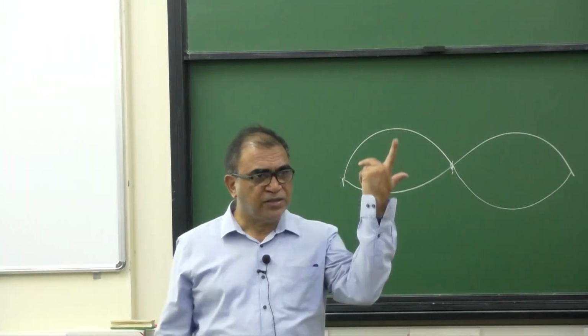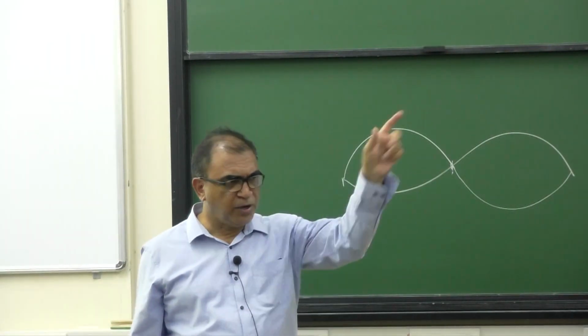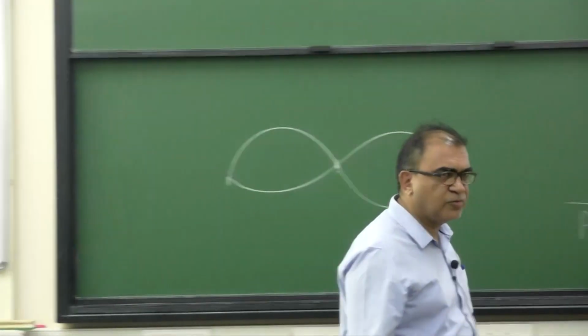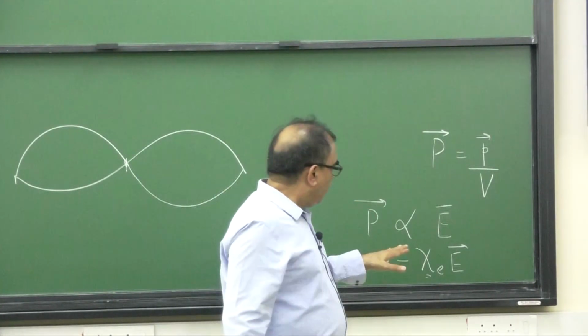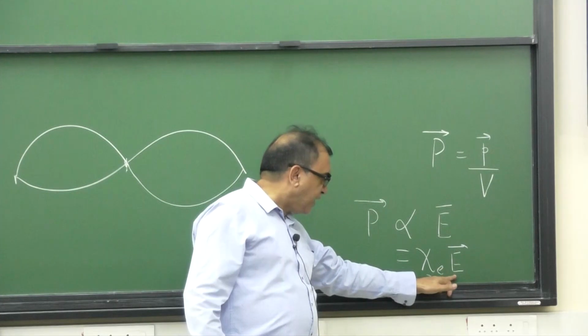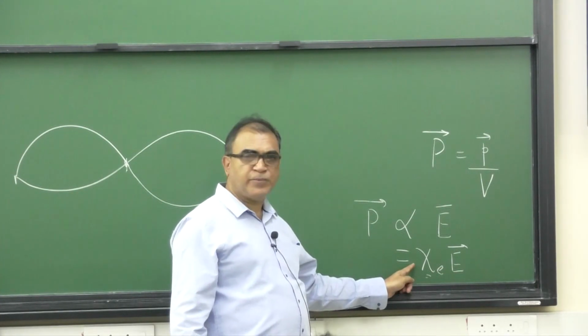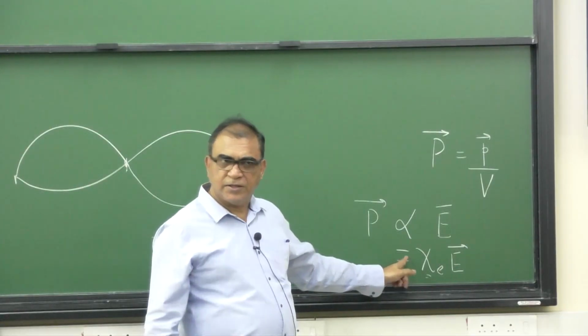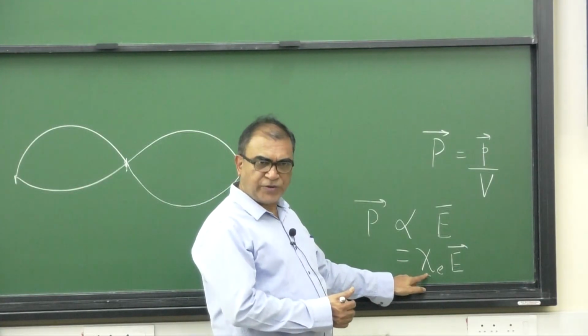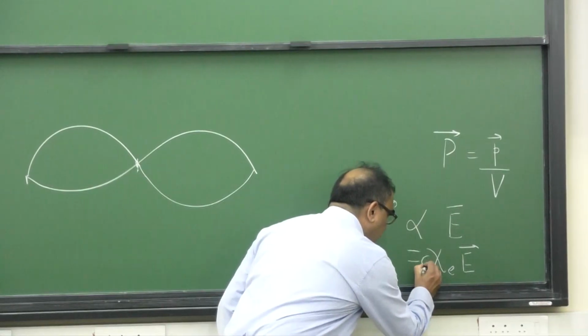Epsilon naught will have dimensions because it comes in the force, 1 by 4 pi epsilon naught q1 q2 by r square. Therefore, to balance the dimensions of this and this, you start putting one epsilon naught here. This is a dimensionless quantity, constant, but you put one epsilon naught here.